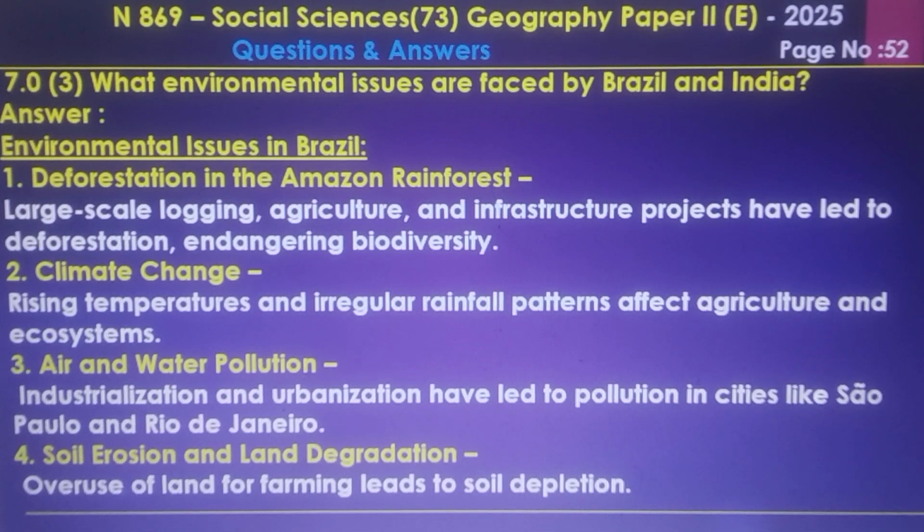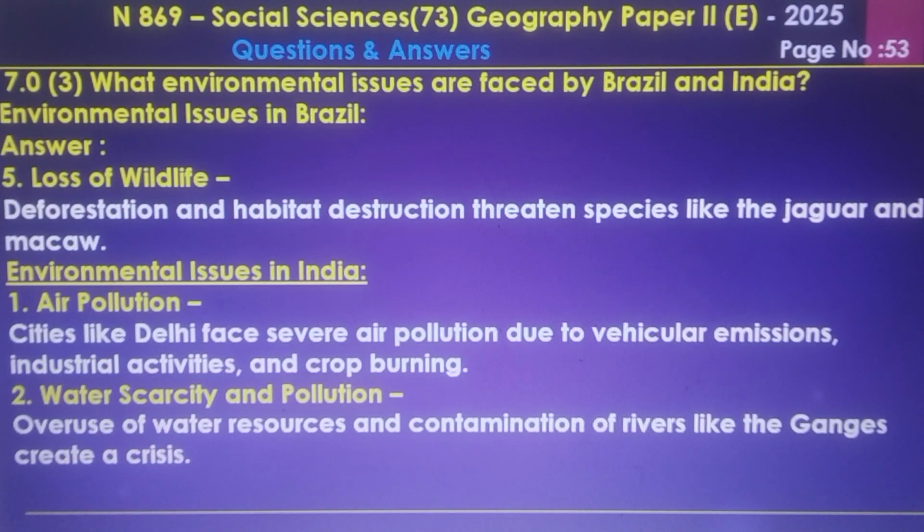And point number 4, soil erosion and land degradation. Overuse of soil for farming leads to soil depletion. And point number 5, loss of wildlife. Deforestation and habitat destruction threaten species like jaguars and macaws.